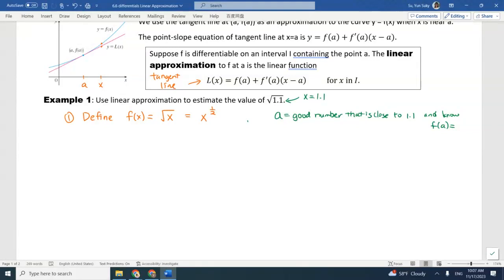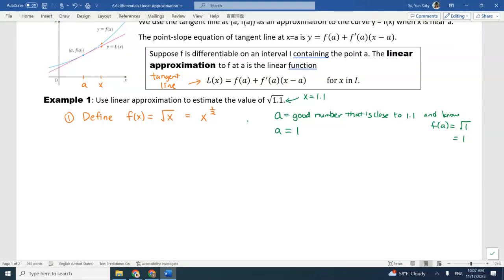Okay, what is a good number that is close to 1.1? 1, exactly. Yes, a is 1. Okay, and what is f of a? You plug in square root of 1. What is square root of 1? 1. See, this is a good number. Okay, a good number that is close to our target value, and we know how to compute f of a.